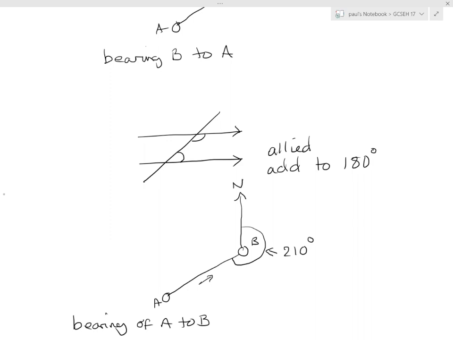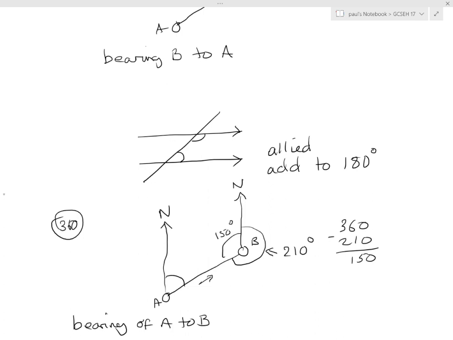So first of all, everything around in a circle is 360. So if we do 360 take away the 210, we're left with 150. So that means that bit there is 150. Now we go up there to north, not very straight, doesn't matter.